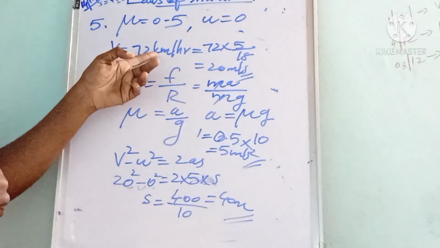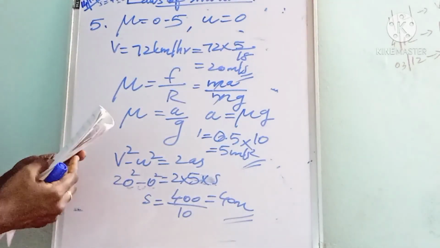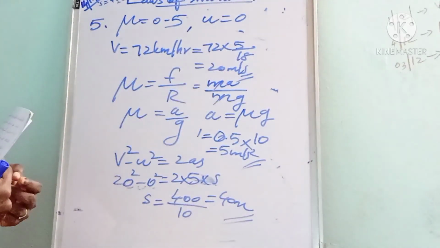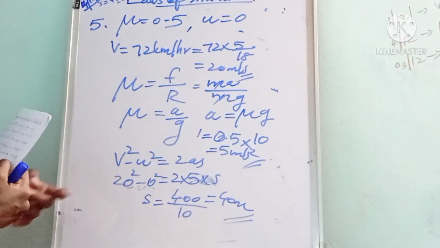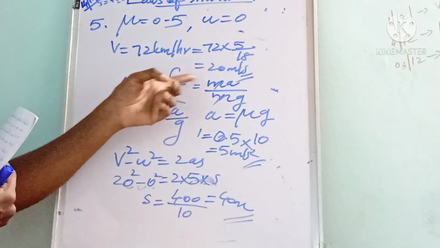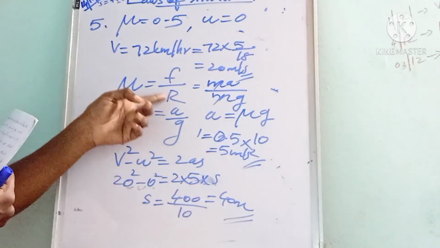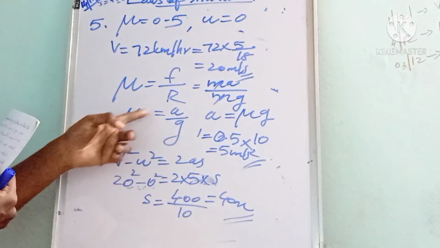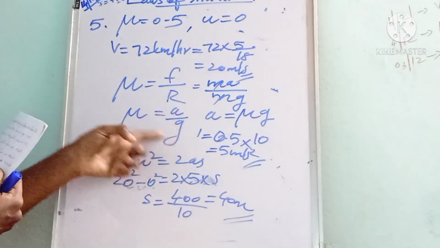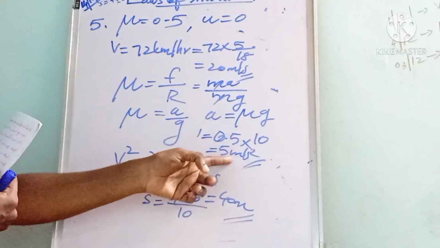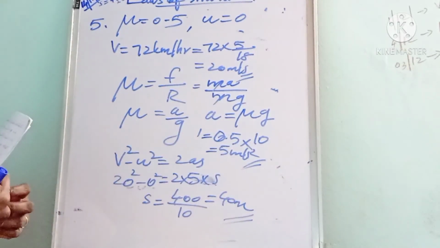We convert this into meter per second: 72 into 5 by 18 is 20 meter per second. Next, the coefficient of friction is equal to F by R. Instead of F we write ma, and instead of R we write the weight mg. The m cancels and mu equals a by g. From this, a equals mu g. Substituting mu as 0.5 and g as 10, we get the acceleration 5 meter per second square.